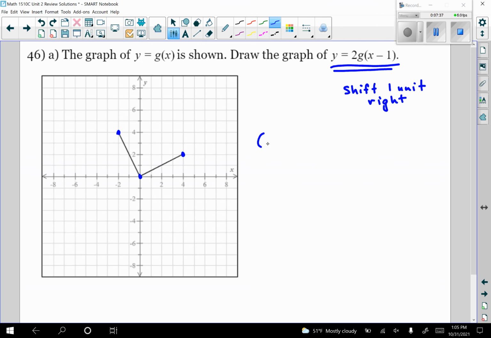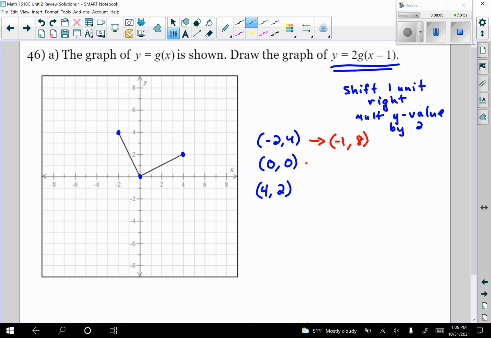So we have the points negative 2, 4, 0, 0, and then 4, 2. And then we multiply the y value by 2. So when we shift 1 unit to the right, we're going to add 1 unit onto the x value. So negative 2 plus 1 will give us a negative 1, and then we're going to double the y value, so we're going to get a negative 1, 8.